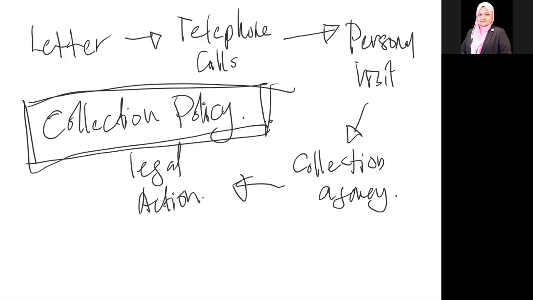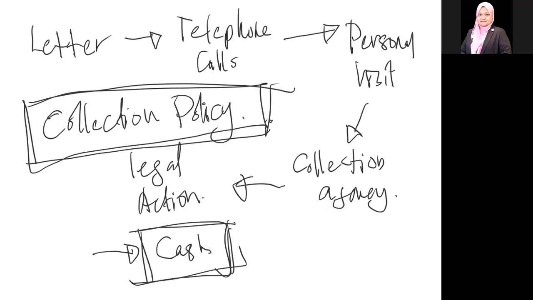Okay, all right. So part of why we do collection policy is because of cash. Because we need cash. Your company, to be operated, needs cash. So cash is very important. So basically, why is cash very important?